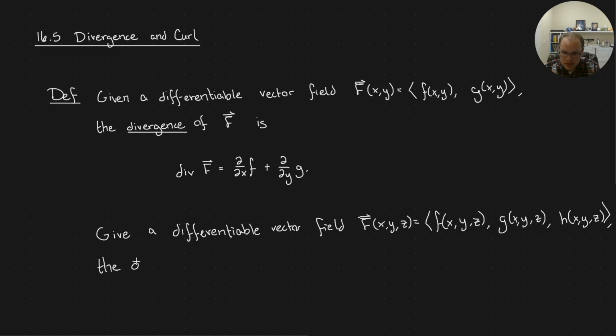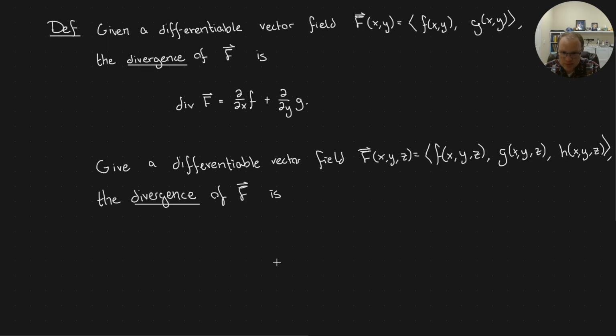So in this case, the divergence of F, if F is a 3-variable vector field with 3 components, we're going to do the exact same thing.